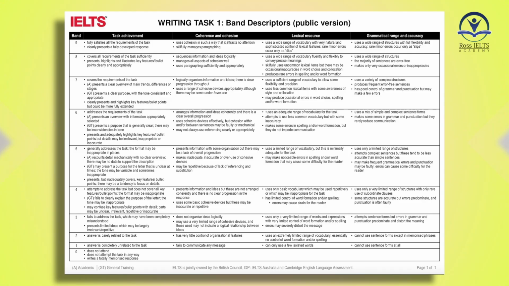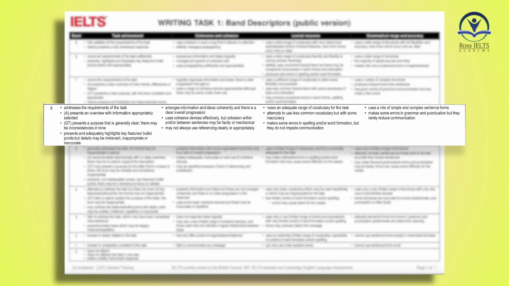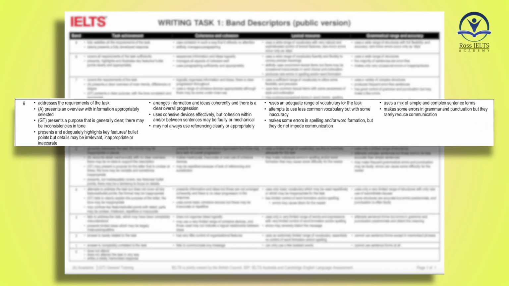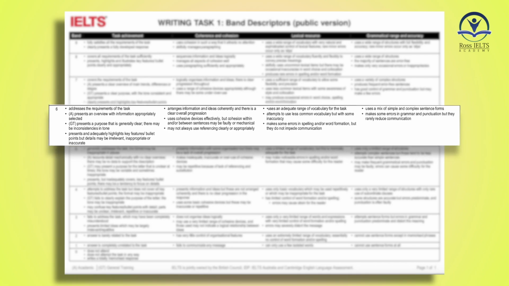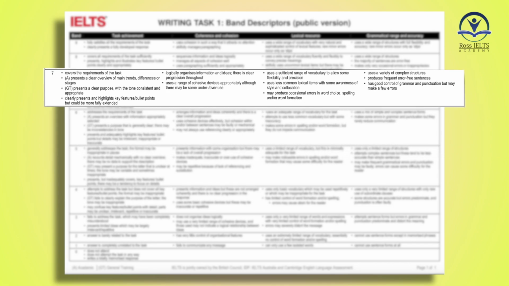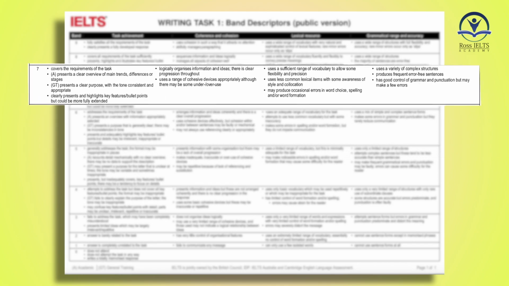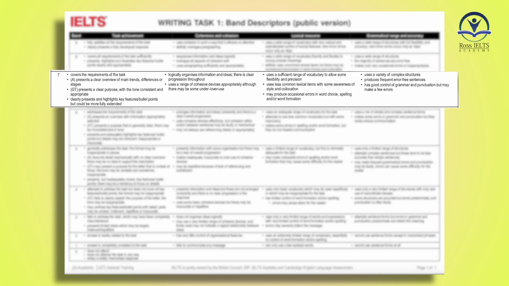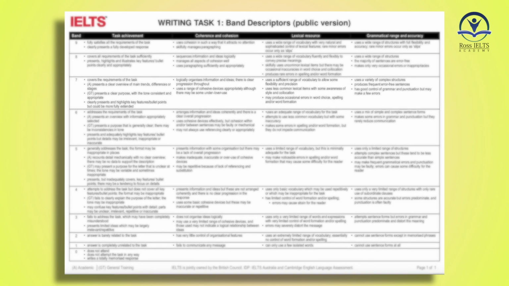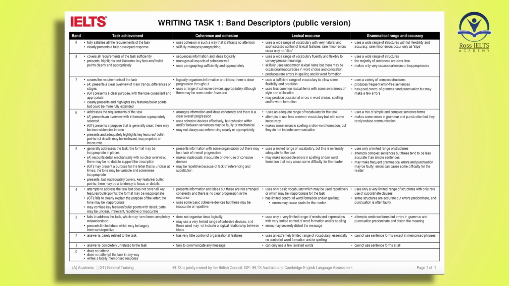But you should know that based on the band descriptors, if you only use simple structures, you will get below 6 in your IELTS grammar. If you use a combination of simple and complex structures, you will get a 6 in grammar of your IELTS writing. But if you only use complex structures, you will get a 7 and above in your grammar. So it's this important to use complex structures.